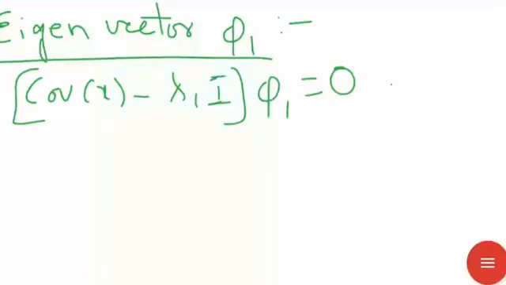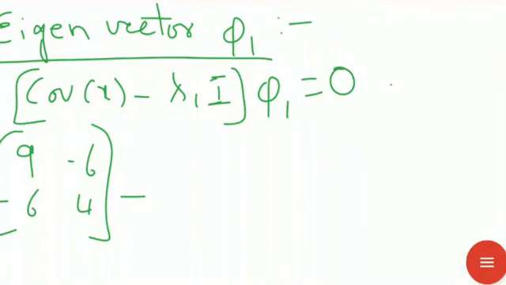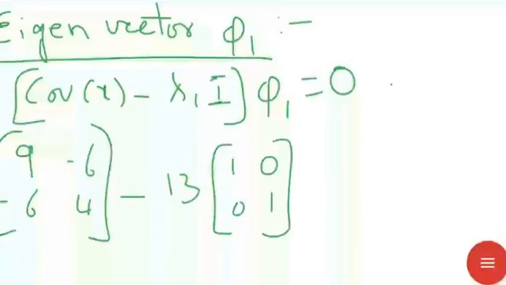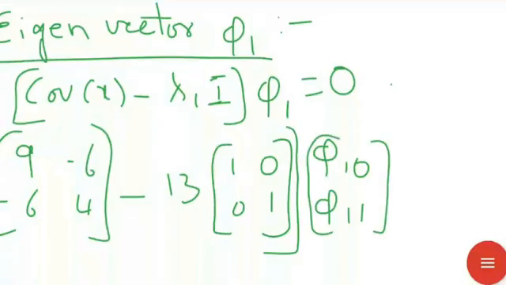Substitute 9 minus 6, minus 6 4, minus 13, since lambda 1 is 13, times the identity matrix 1 0 0 1, times phi 10 and phi 11, is equal to 0 0.